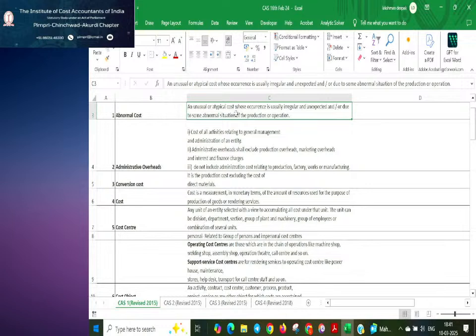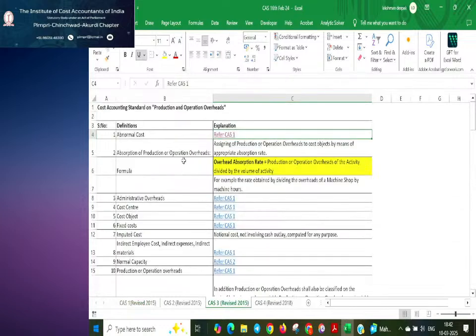And do we include abnormal cost in our production overheads? Yes. In any kind of cost, we never include abnormal cost. Abnormal cost will be reported separately.